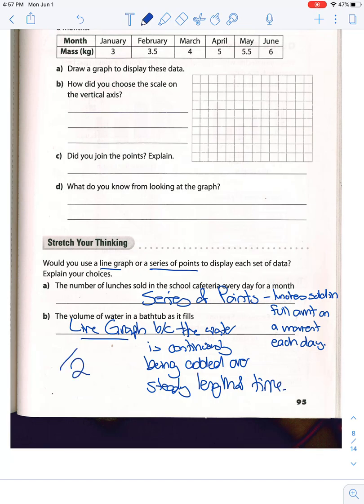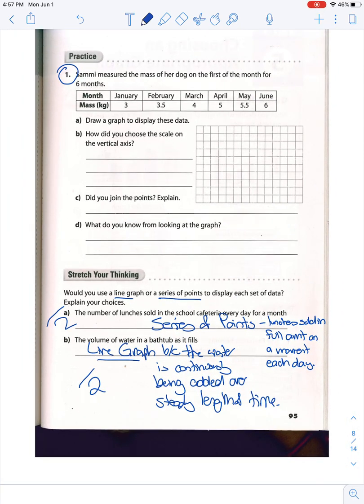Okay, so technically this would be out of 2, reason and the answer, and this is out of 2, reason and the answer. Okay, that was short. That is actually it. Just please make sure that you have done this, because this is going to count for a homework mark.